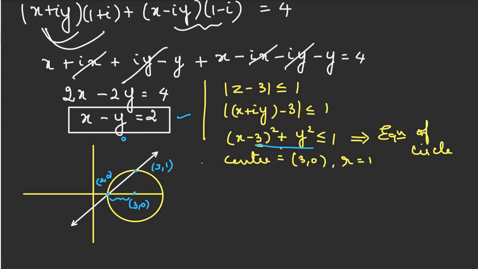The distance between 3 and 2 is 1, and the radius of the circle is 1, and therefore the point of intersection will be (3, 1). Now the radius of the circle is equal to 1 here.